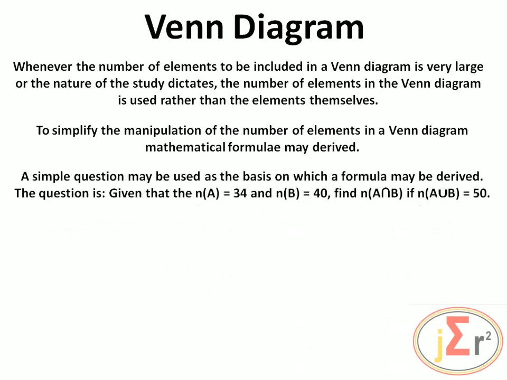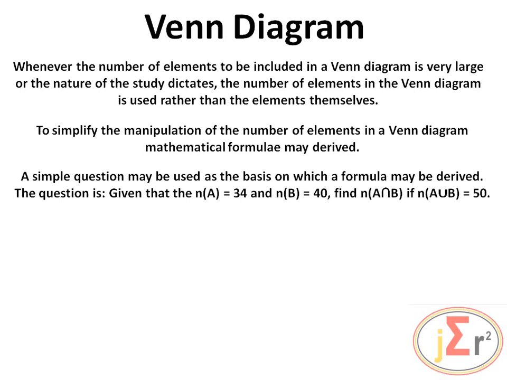A simple question may be used as the basis on which a formula may be derived. And we're going to do that on this occasion. The question is, given that n(A) is 34, the number of elements in A is 34, and n(B) is equal to 40, find n(A intersection B) if n(A union B) is equal to 50.